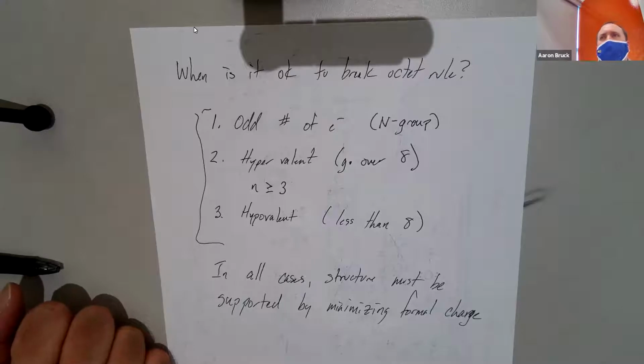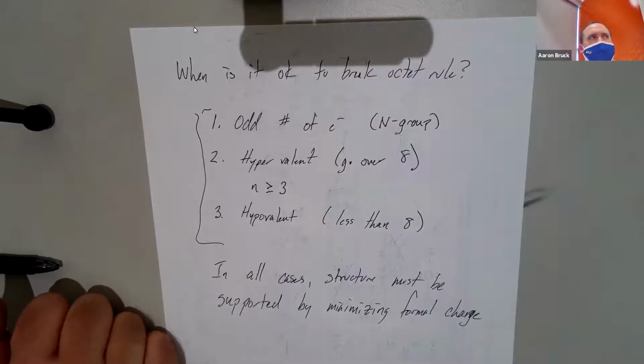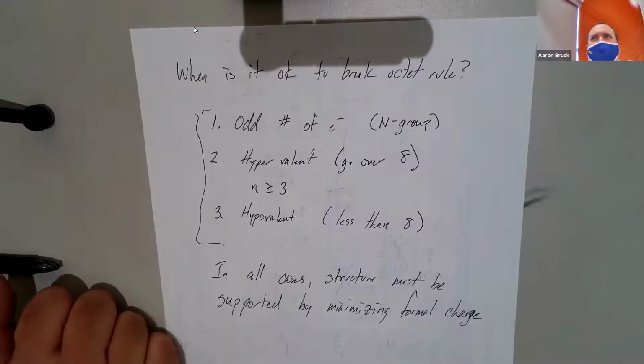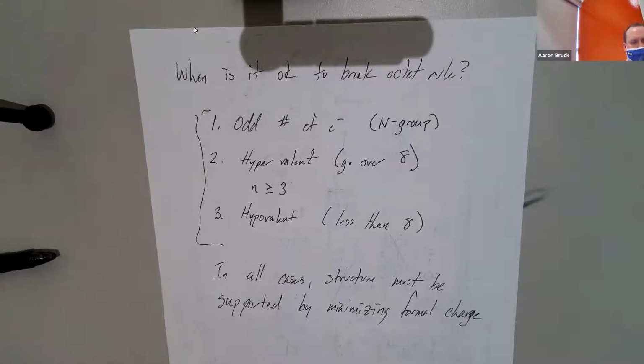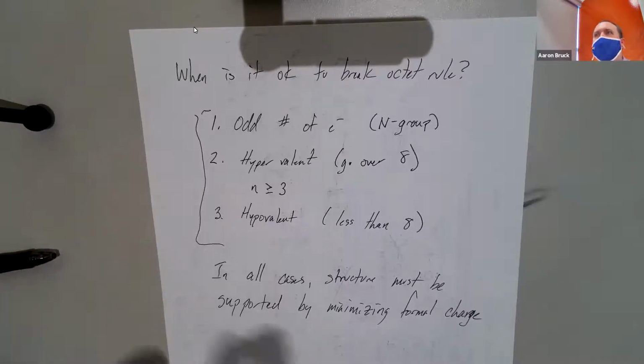It is literally impossible to get an octet for nitrogen and oxygen with only 11 electrons, because 11's an odd number, 8's an even number. I can't create an even from an odd. Doesn't matter how hard I try. So obviously in those scenarios, you're not going to be able to obey the octet rule. It's literally impossible to do so.